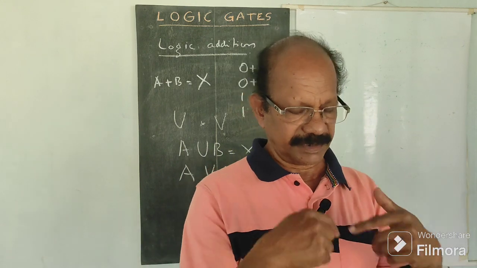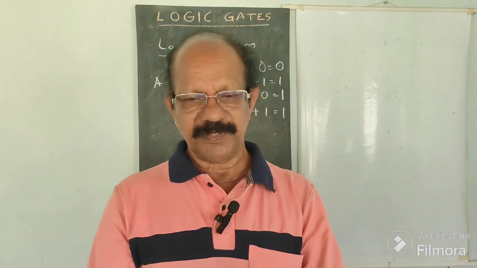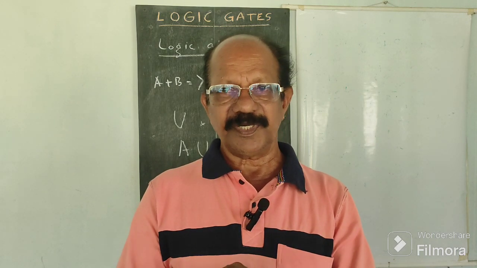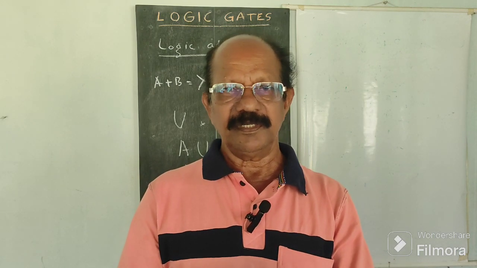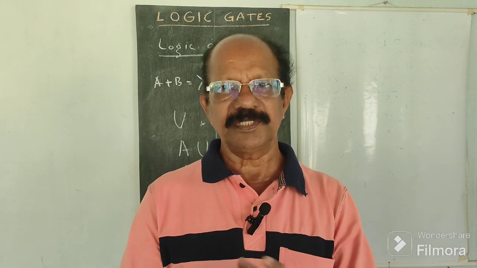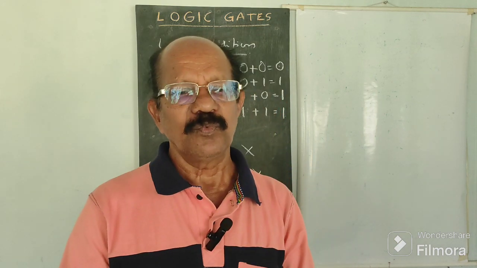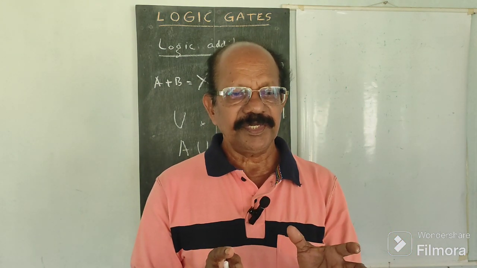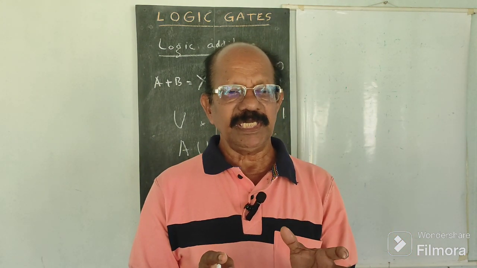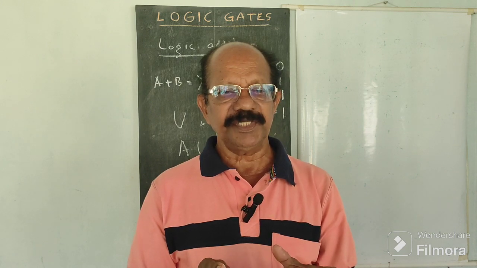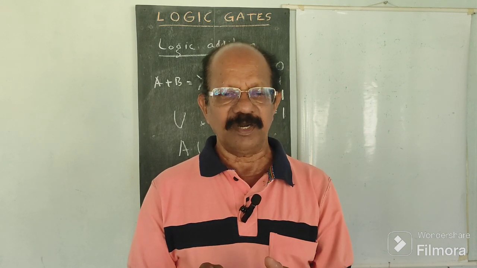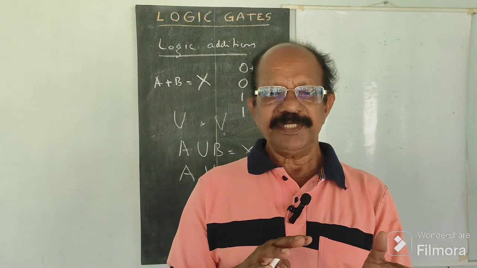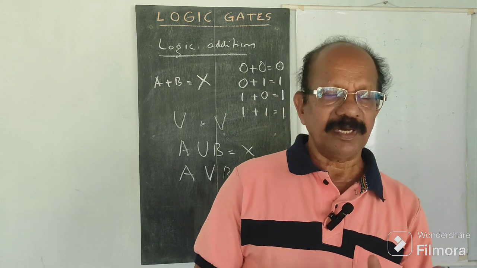That means, as I gave in the first class yesterday, if either input is 1, whether the other is true or false, the output will be 1. Similarly here, the meaning of the last three logic additions is that the output is 1, or high, or true when either A or B or both are true.